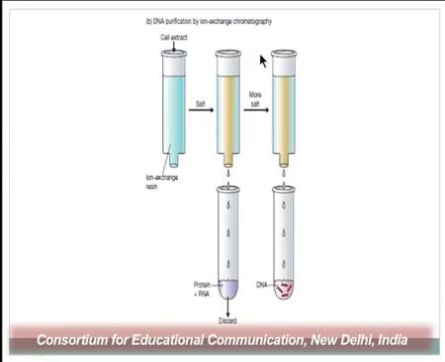Subsequently, when you use a higher salt concentration, the tightly bound molecules such as the DNA can also be eluted. So this is sequential elution of different molecules. This separates the mixture, and therefore we get DNA as the purified material. So that is ion exchange chromatography, in which we are using an ion exchange resin.